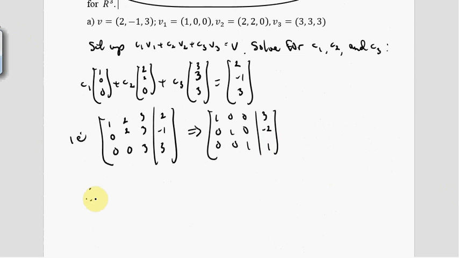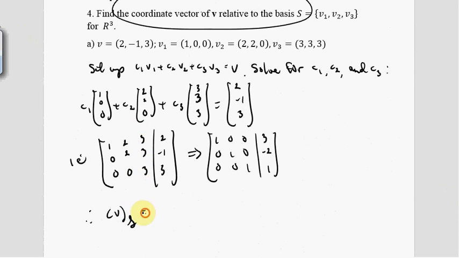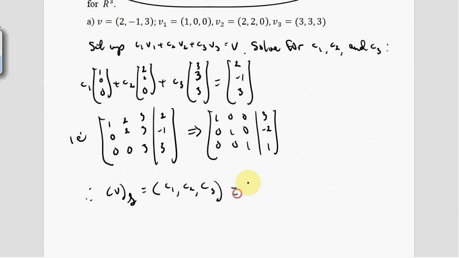So the coordinate vector of V relative to the basis S is equal to C sub 1, comma, C sub 2, comma, C sub 3, which is equal to 3, negative 2, 1. In layman's terms, solve the system. Any questions? That's it, very straightforward. Okay?